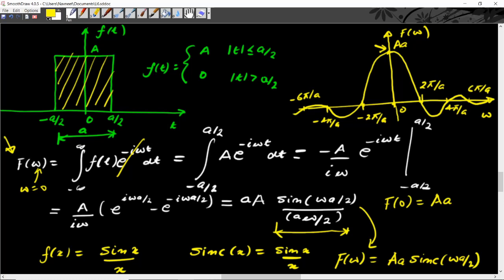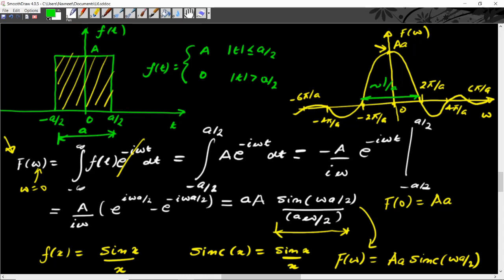Another thing to note is that the pulse duration of this function is a in time domain. However, if you look at this particular plot, we see that the width of the Fourier transform in frequency domain scales as 1 over a, that is, the inverse of the duration of the pulse in time domain.